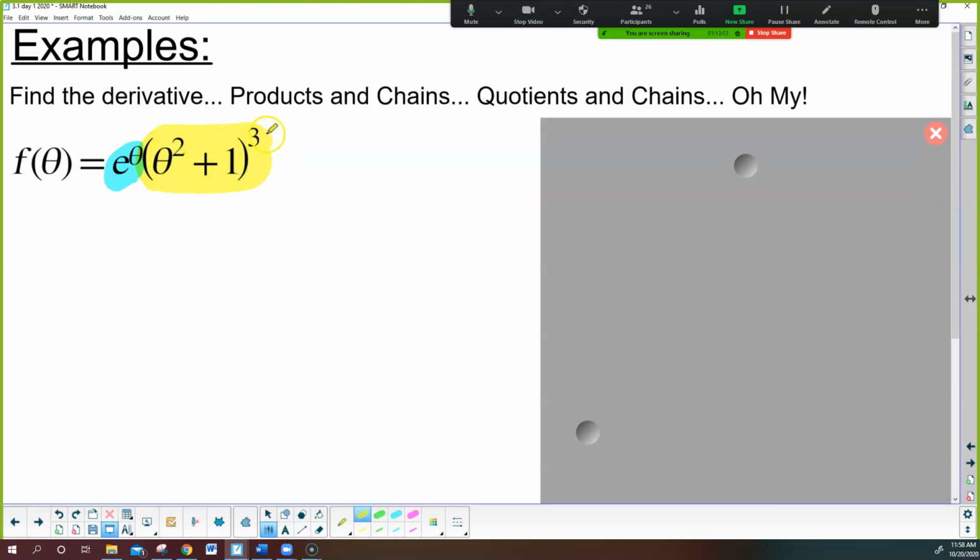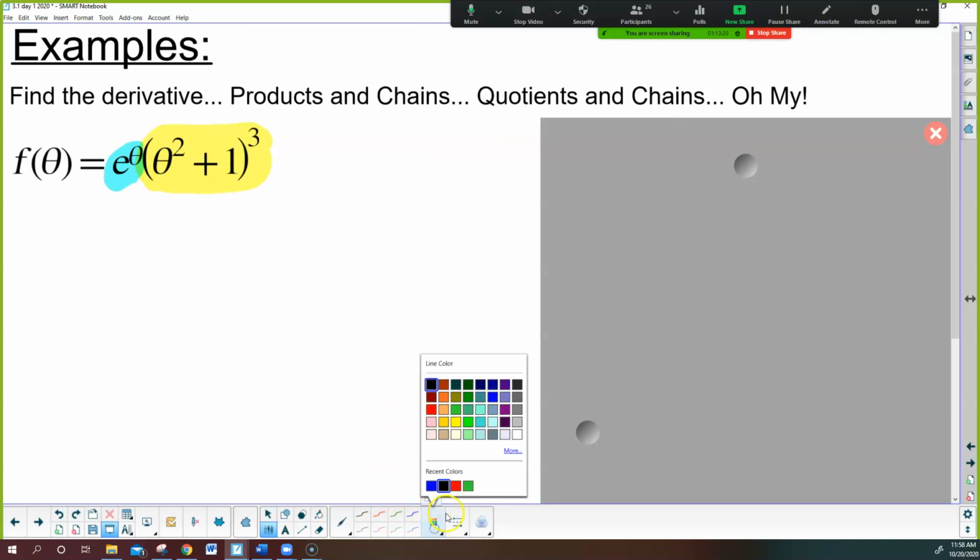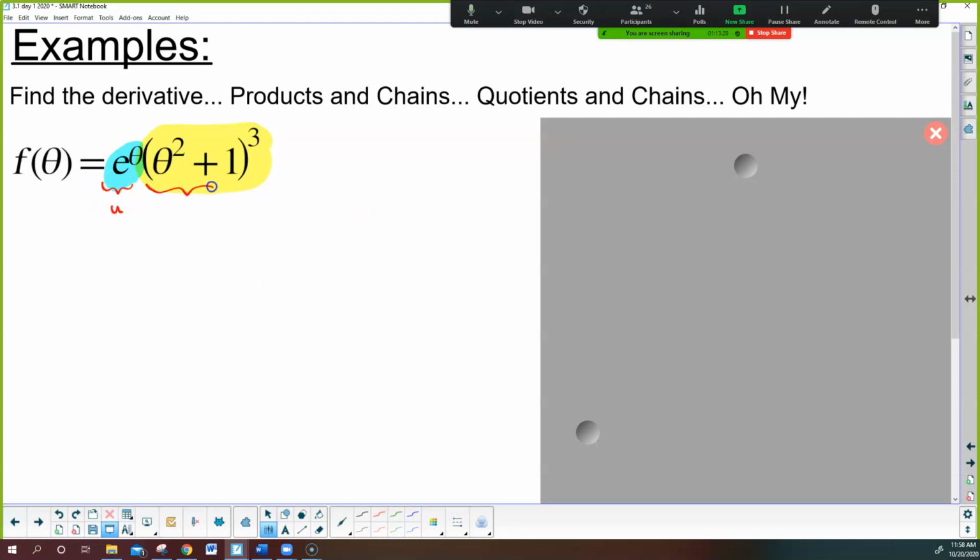This has a chain rule because 3 is on the outside and theta squared is on the inside. But you also see the product rule. And this is where I think, until you become really, really good at this, I'm going to ask that you show your work. So I've got U, then I've got V. So we know we're going to have to do the product rule.